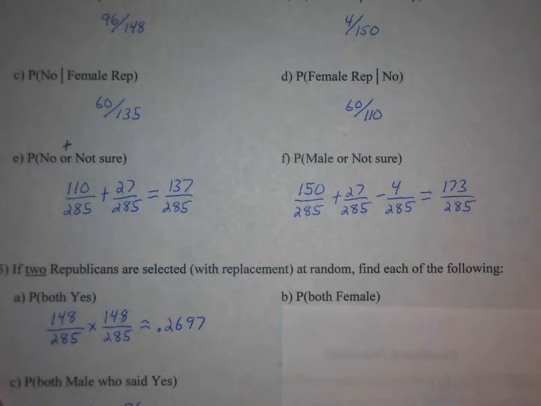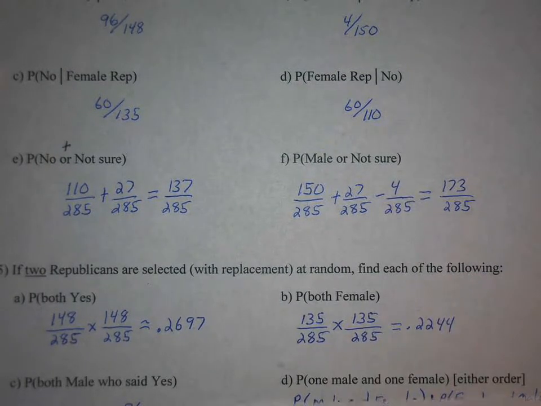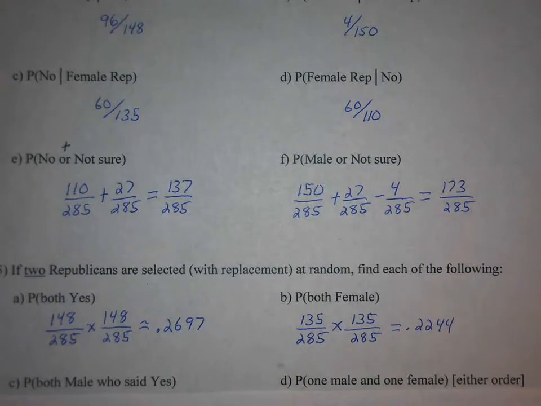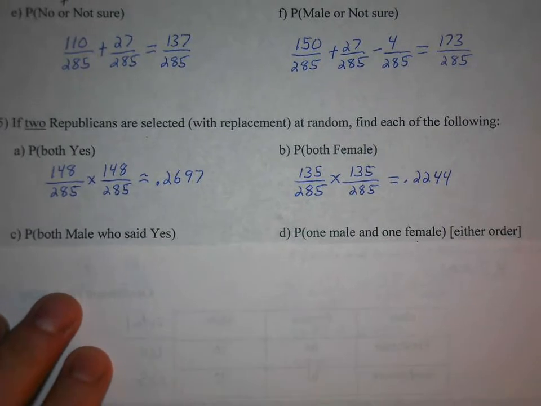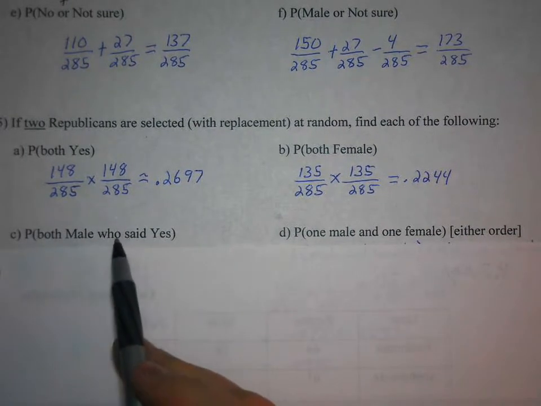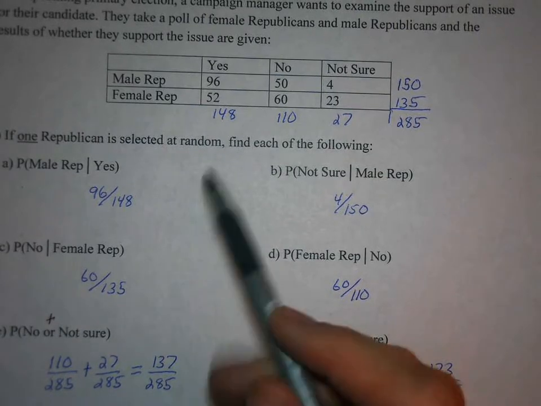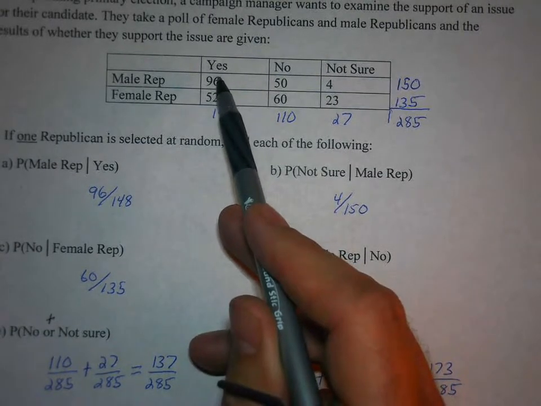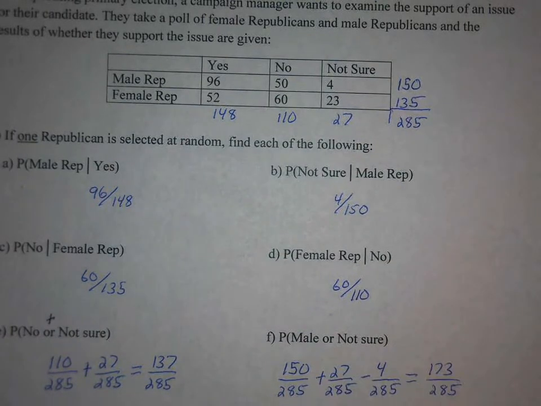Okay, try the both female. It's a very similar idea, and I'll put the answer up there so you can see it. Then the last couple. Probability they're both male who said yes. There's 96 males who said yes out of the 285, and you have to do that twice.